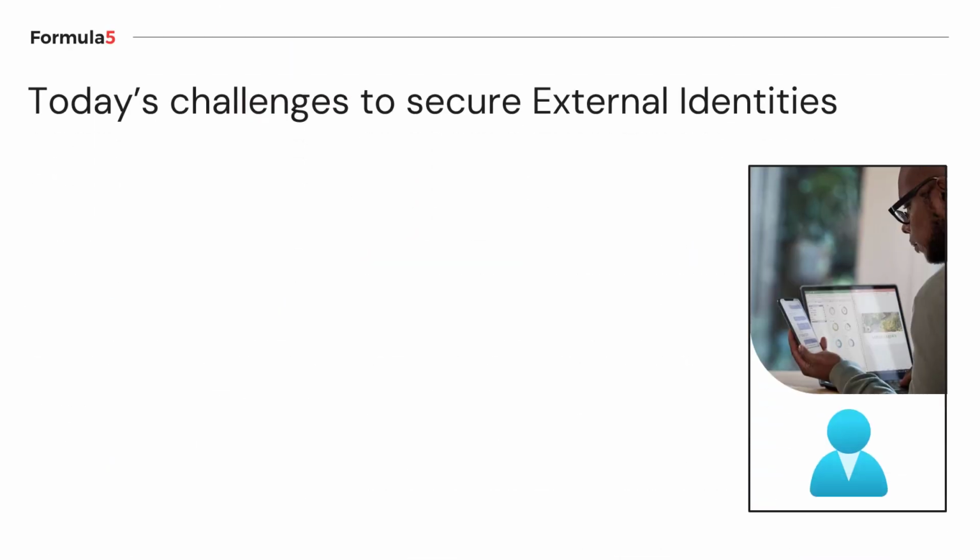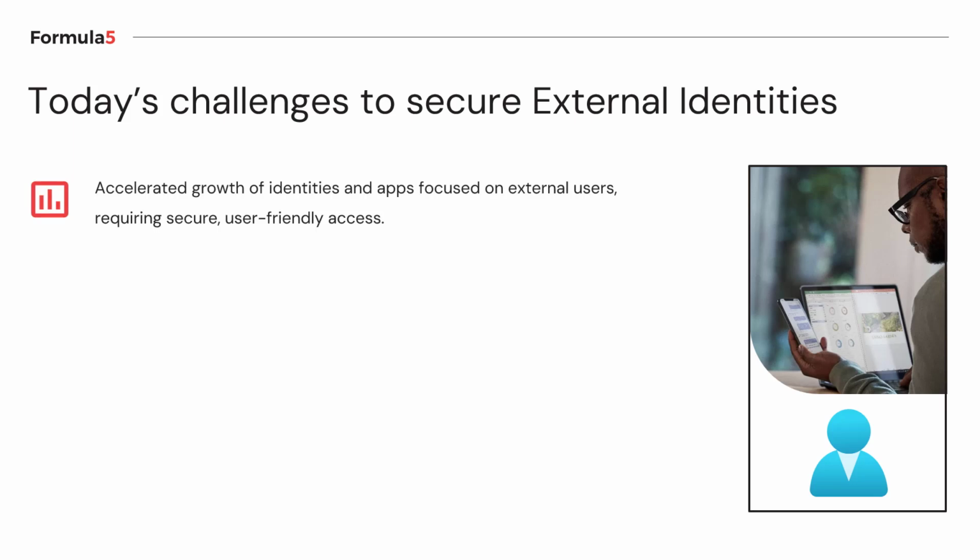And that's why we created the External Identities Hub Architecture at Formula 5. But before I talk about it, let's really quickly summarize today's challenges to secure external identities. So there is accelerated growth of identities and applications focused on external users requiring secure, user-friendly access.